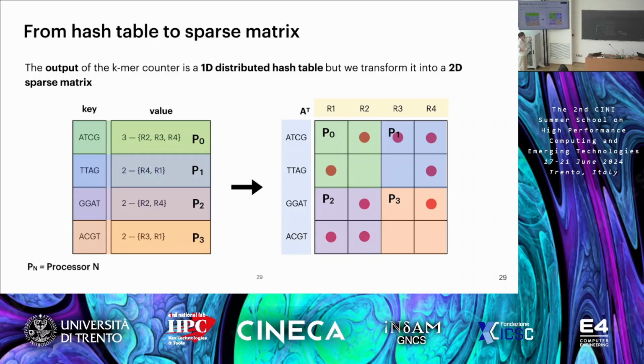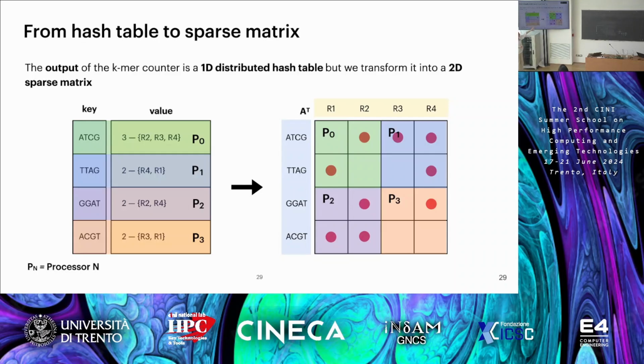While when we move to the sparse matrix, we actually distribute 2D. So every processor has a subset of k-mers and a subset of reads. We do this because we know from the theory that 2D sparse matrix multiply scales better for a large number of processors, because it scales with the square root of p instead of p, where p is the number of processors.